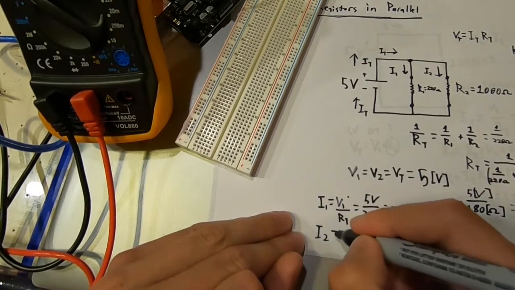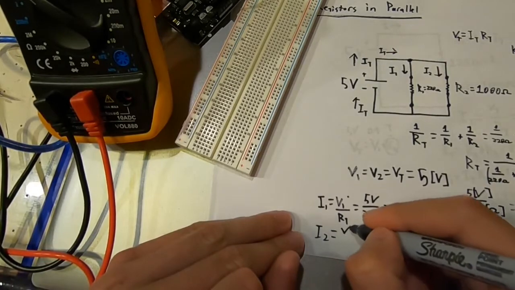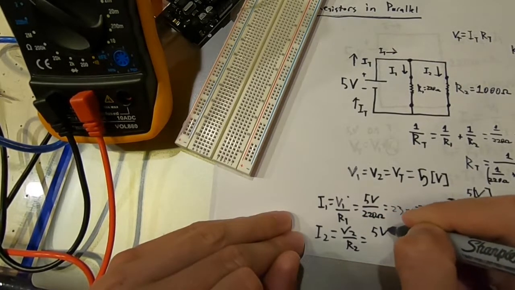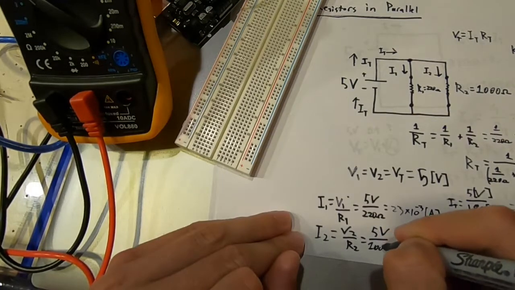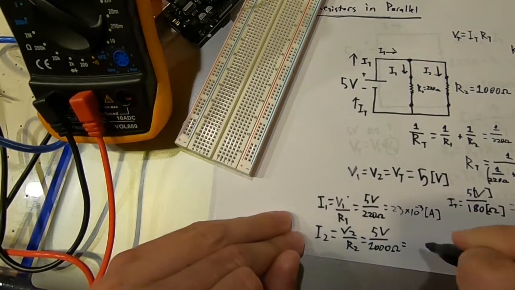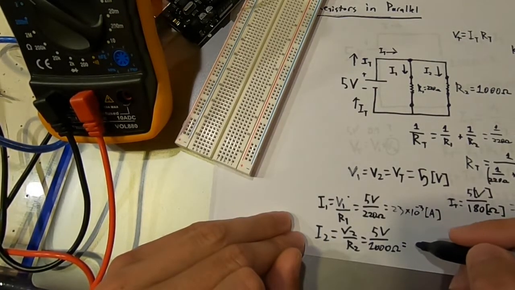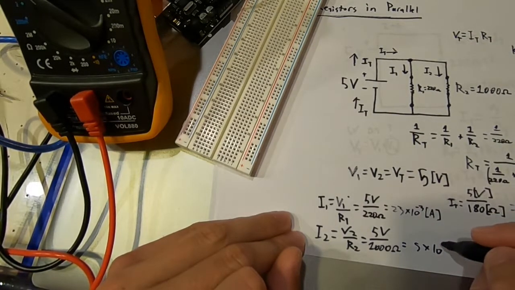I2 equals V2 over R2, again 5 volts over 1,000 ohms, which is going to be equal to 5 times 10 to the negative third amperes.